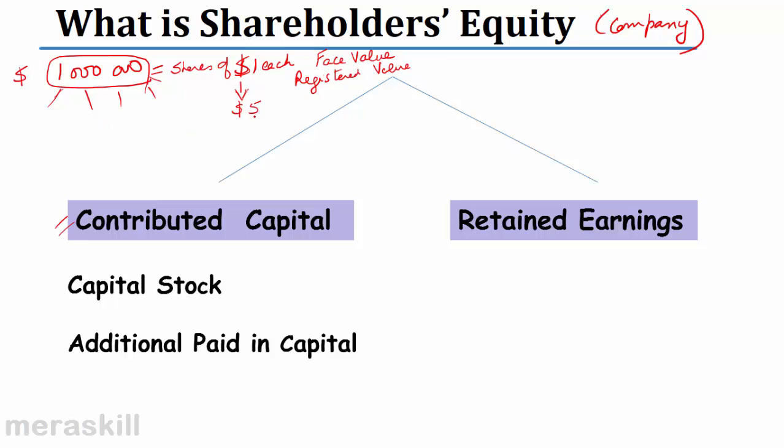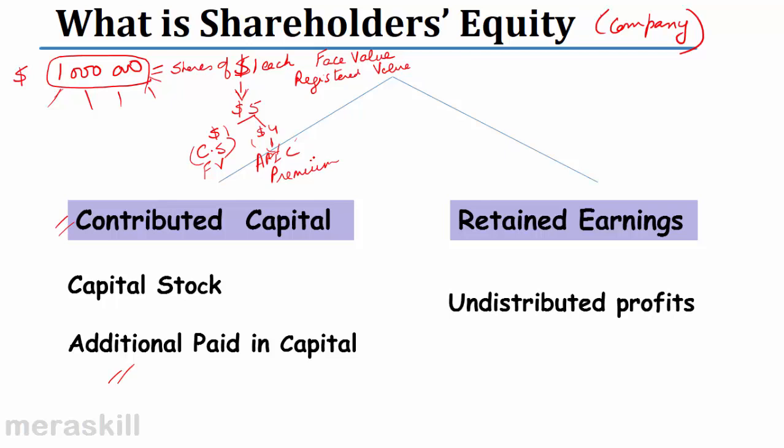In that case, this $5 consists of $1, which is called capital stock, and $4, which is called additional paid in capital. So capital stock is the face value, and this amount is additional paid in capital, or we call it premium. It's issued at a premium.